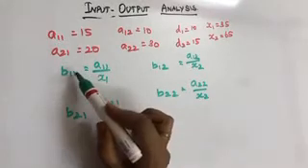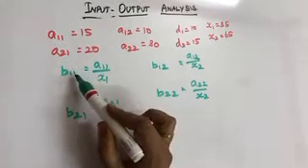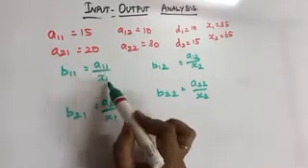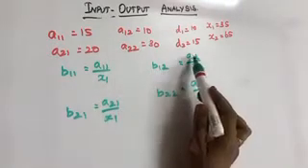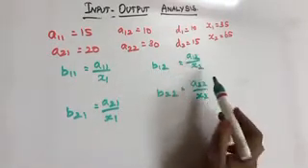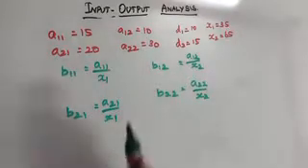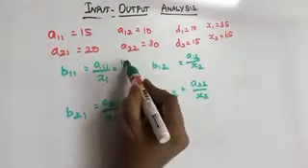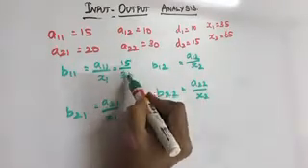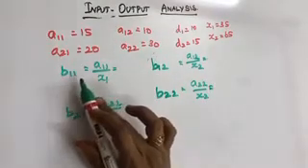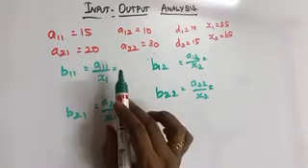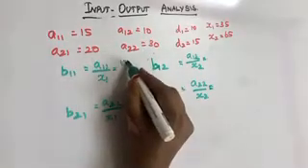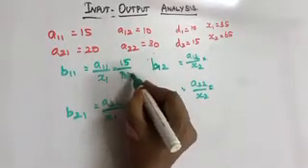It is according to the column. If 1 comes here, then it is X1. If 2 comes here, it should be A12 and X2. You can remember like that. A11 is 15, so B11 is 15 divided by 35.